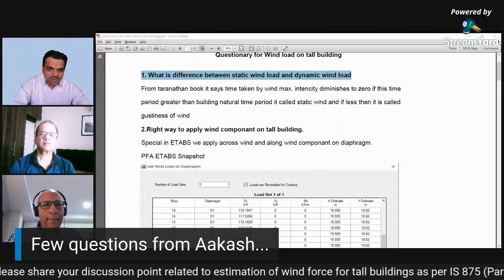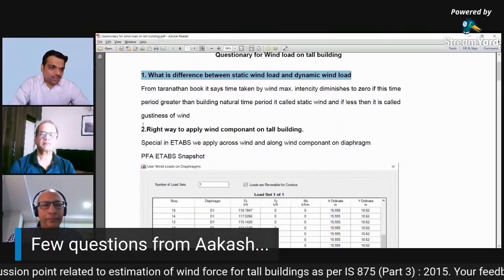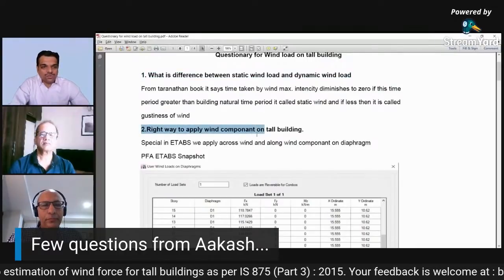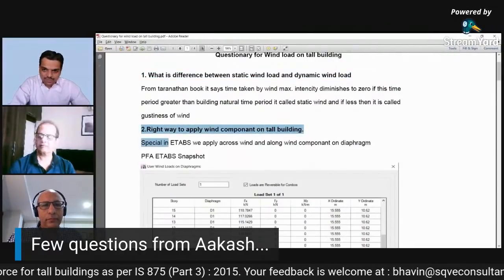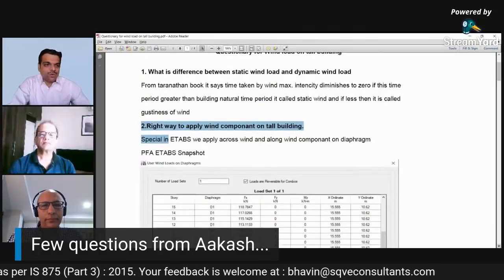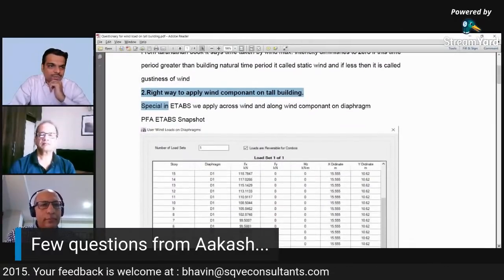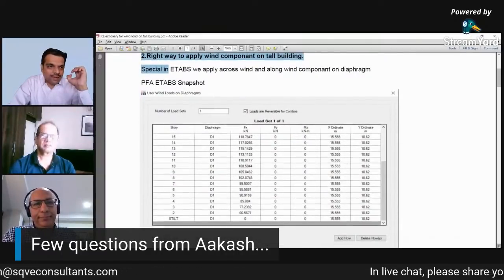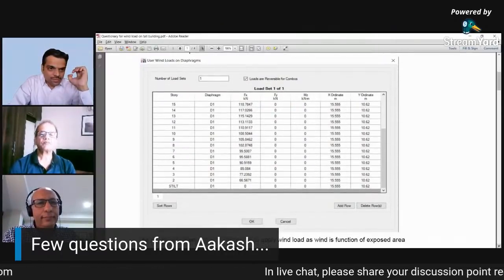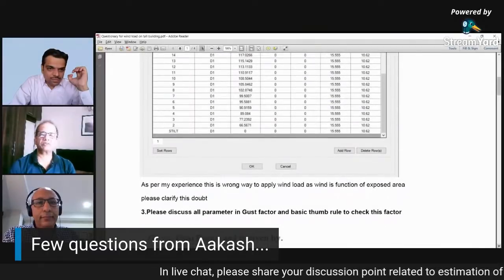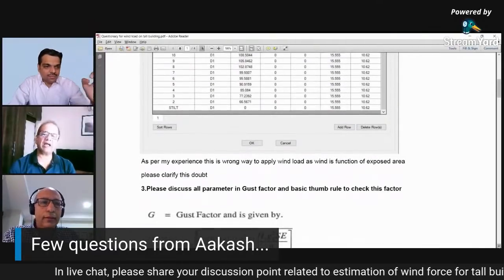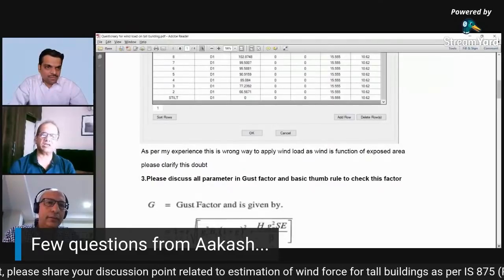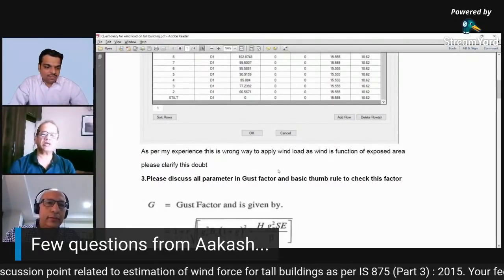Okay. So the second question is related to application of wind force in the software, and he has shared a snap of the software here. But I think again he's talking about application of wind force on a diaphragm. Actually, in ETABS, when you say automatically generated wind, it applies on a single point on the diaphragm.